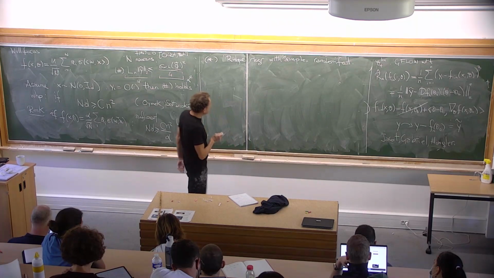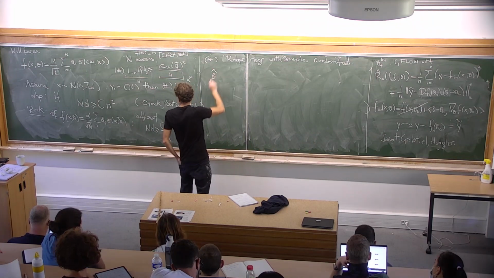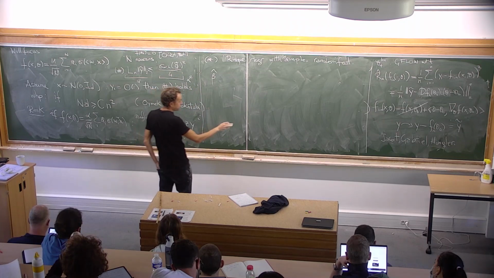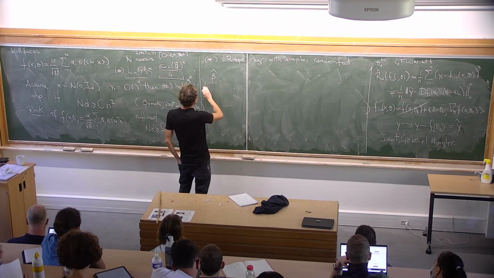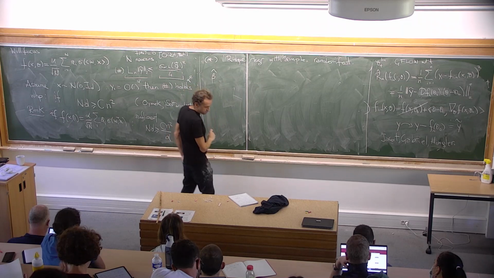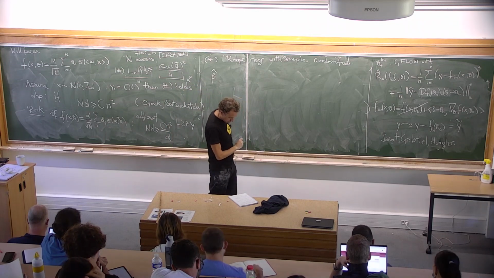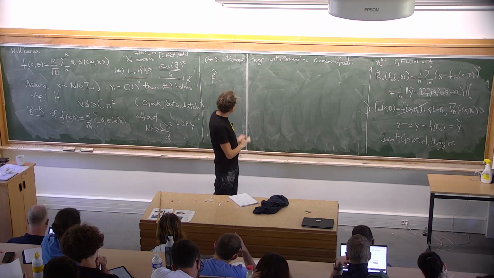So what we want to study, let me generalize a little bit what I was saying somewhere here. I want to do min-norm regression. Perhaps I should call this B instead of beta.